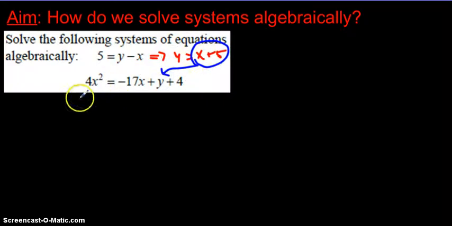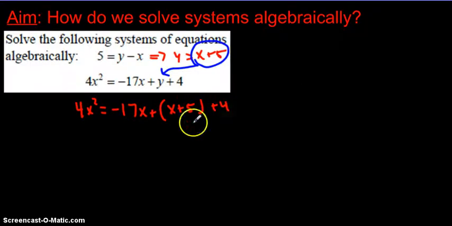So this new equation we're going to get becomes 4x squared equals negative 17x plus, always use parentheses when making a substitution, no matter what. It prevents errors. Now let's solve this to figure out what x is, and then we can find out what y is. Now just to make sure we know what the situation is, this is some line somewhere, and this is a parabola.